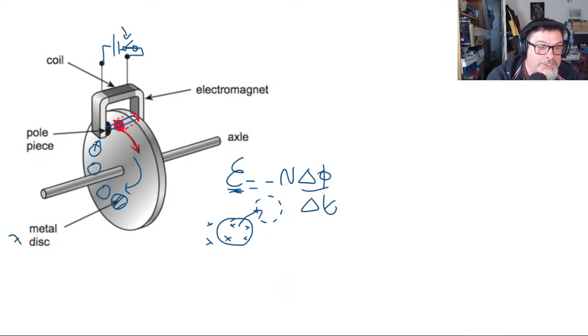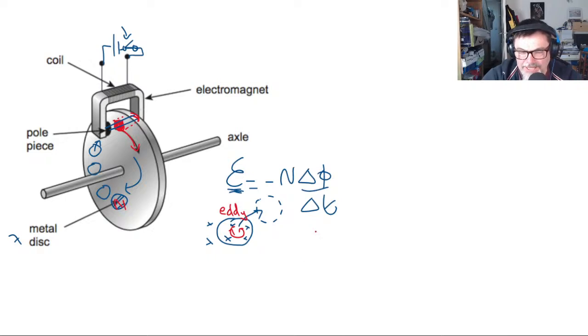That change of flux is going to induce currents within this little section, and those currents might, for example, go this way or that way. Either way, these are the famous eddy currents that you may have come across. So we're inducing currents in little areas of the disc, and those currents create a magnetic field which works to counteract the rotation of the disc.